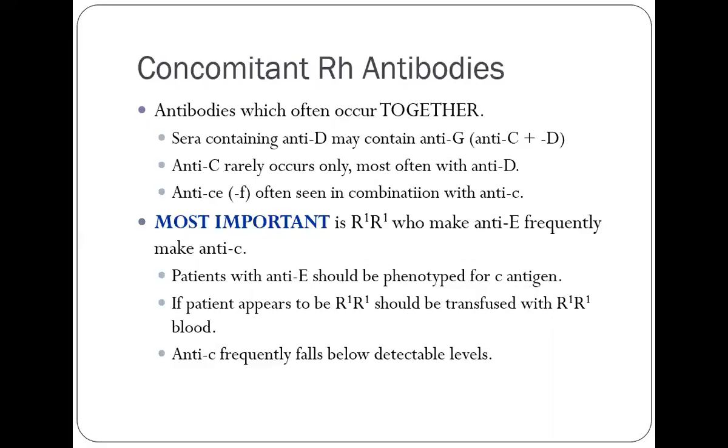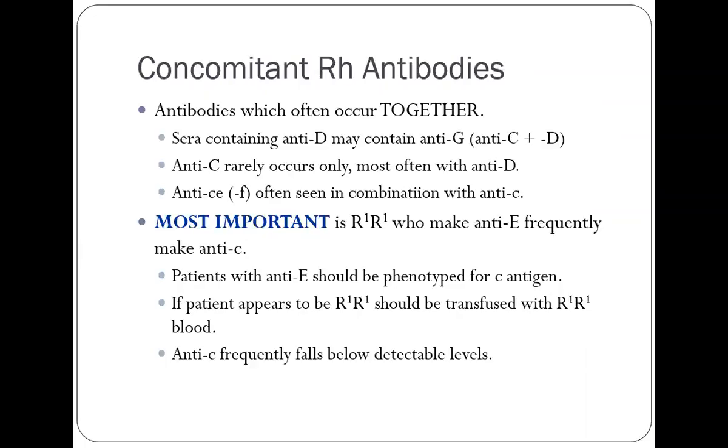What's most important is that R1 people can make an anti-E frequently, and then they frequently also make an anti-little c. Because what is R1? It's big D, big C, little e, / big D, big C, little e. So they do not have the big E, and then they also do not have a little c.